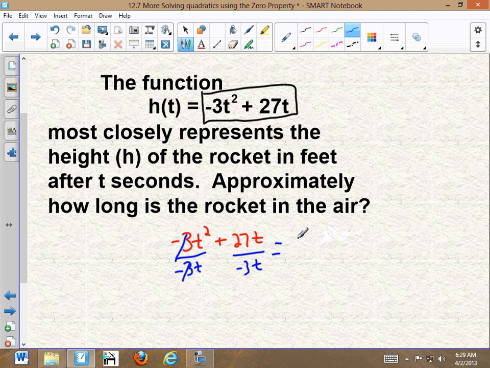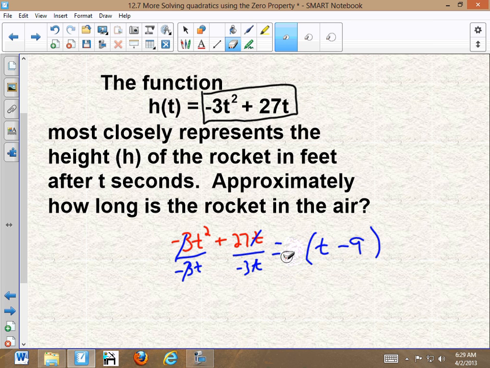Negative over negative is a positive. 1t minus 2t is 1t, so that becomes t. 27 divided by negative 3, please do that in your calculator. I think you'll get negative 9, right? And then these t's cancel. But that all has to be multiplied by negative 3t.